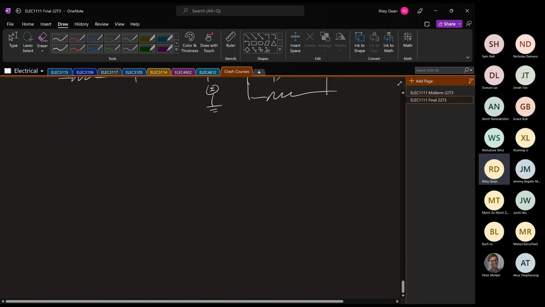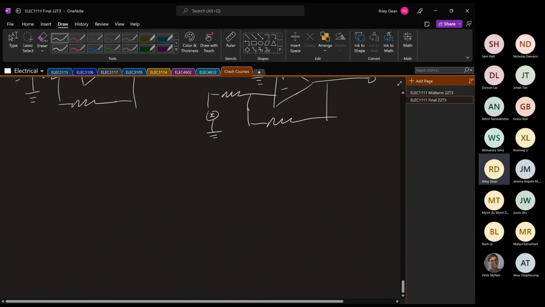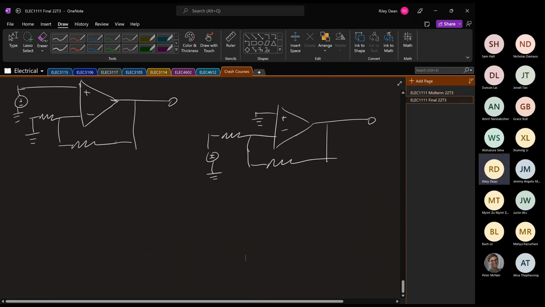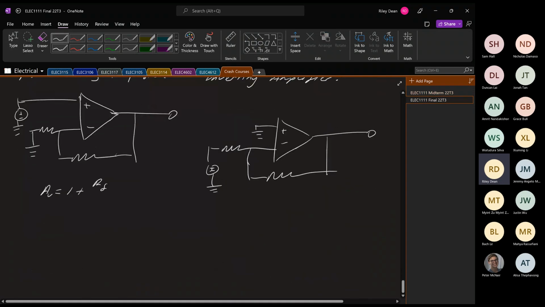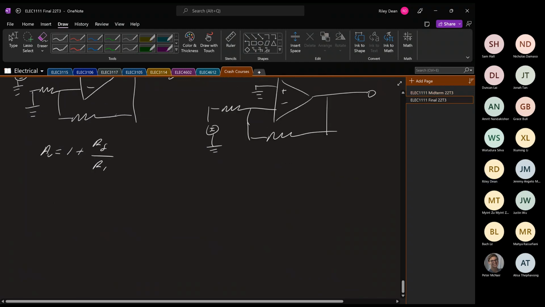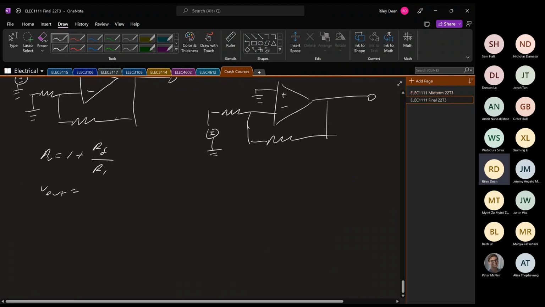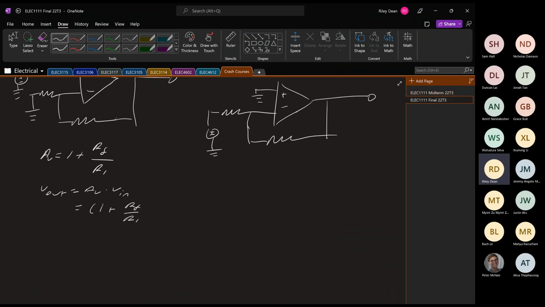So for a non-inverting, what we get is that AV, which is our gain, is 1 plus, and what symbols are they using? So they say RF, which is our feedback, on R1 or RI. We know that V out equals AV times V in. So we get 1 plus RF on R1, V in.